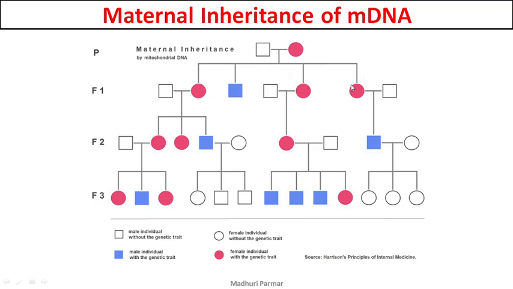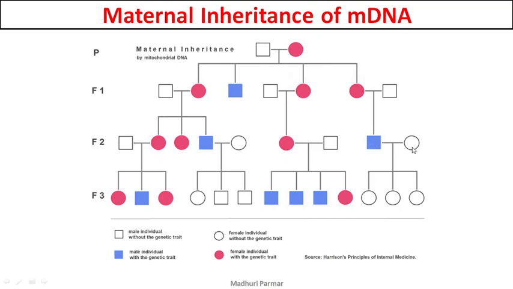So all four children of this couple have the defective mitochondrial DNA of the mother. The three sisters get married to a normal man, and you will find that even their children have such a mitochondrial DNA defect. You can see this and this, right?